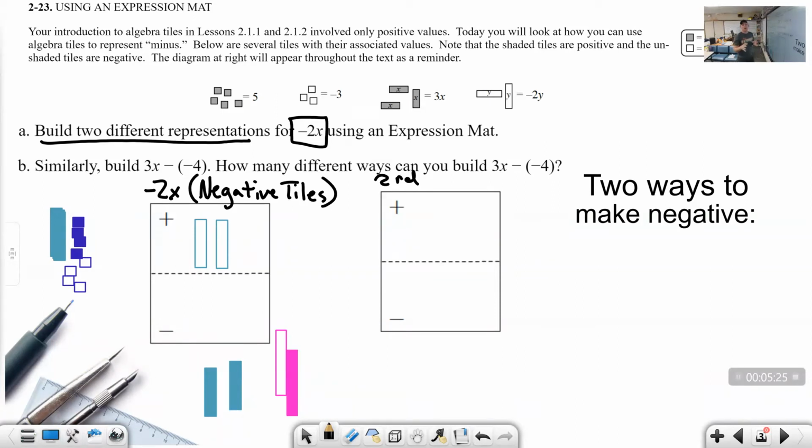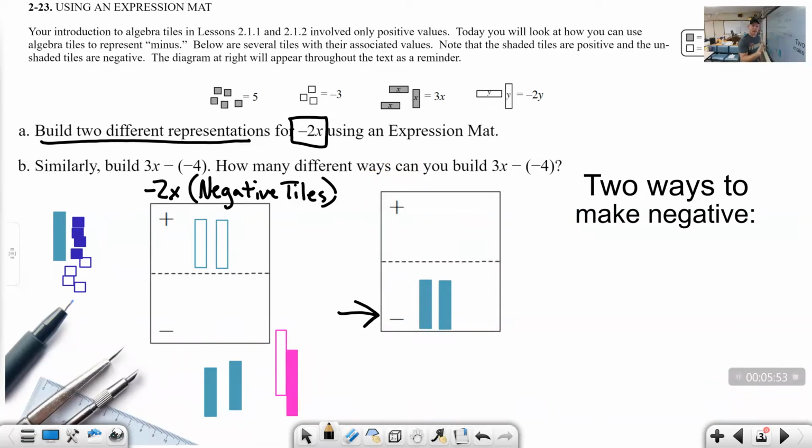Now, there's more than one way. Just like we had all these synonyms for negative, there's more than one way to represent it on the expression mat. I noticed the expression mat has a positive region and a negative region. Okay? And so what we're going to do is we're going to utilize the negative region. What I'm going to do is this. I'm going to take 2 positive tiles, and I'm going to place them in the negative region.